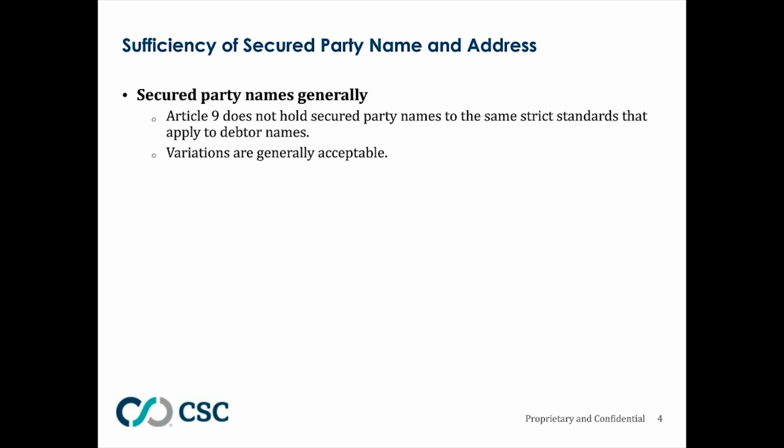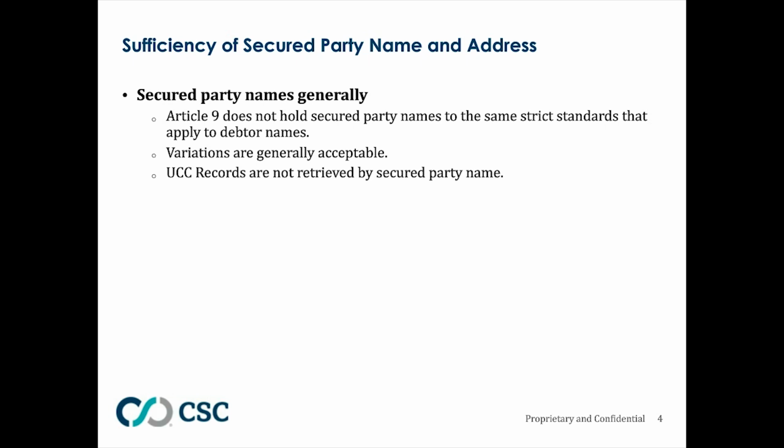But the important thing to remember is that when it comes to secured party names, there's a lot of wiggle room, and variations of the secured party name are generally allowed, even variations that would not be acceptable for a debtor name. And the reason for this, as I mentioned, is that UCC records simply aren't indexed by secured party name.